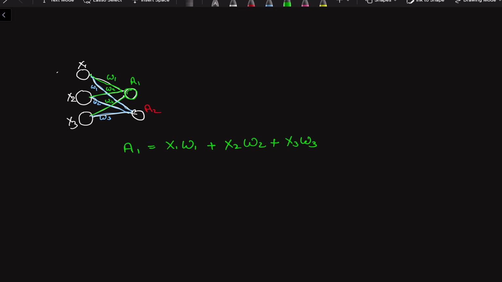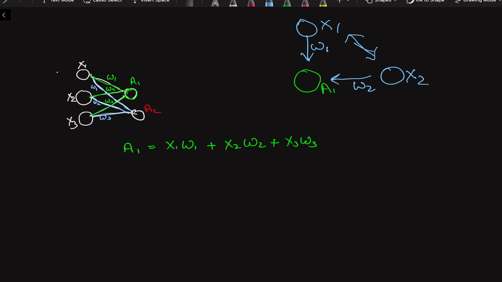You can picture this as A1, and there's information coming from this node, x1, with the connection w1. There's information coming from here as well, x2 w2. These two are totally independent.